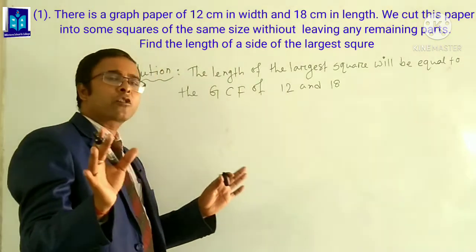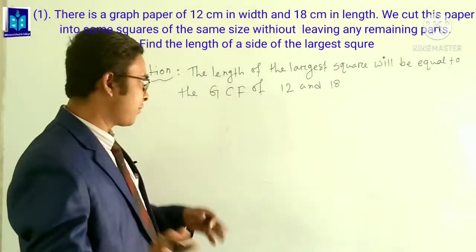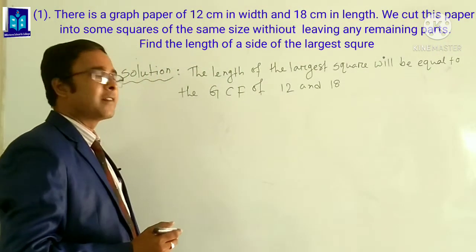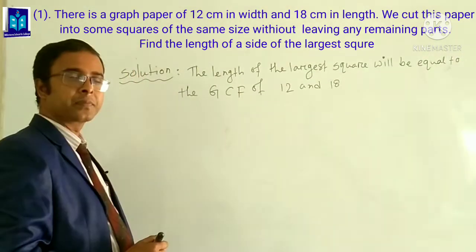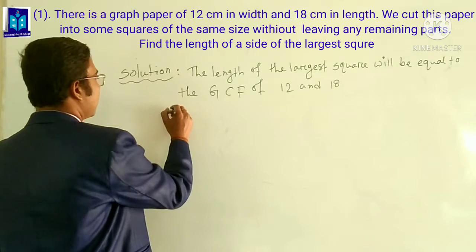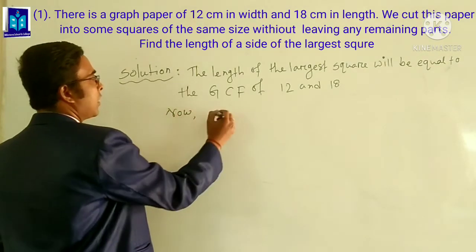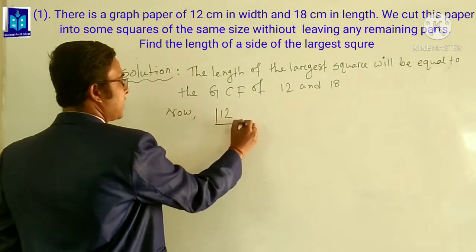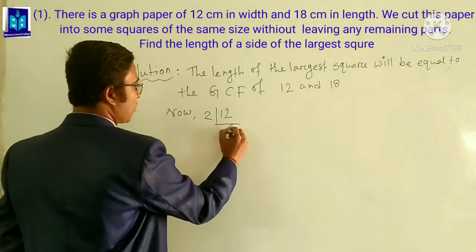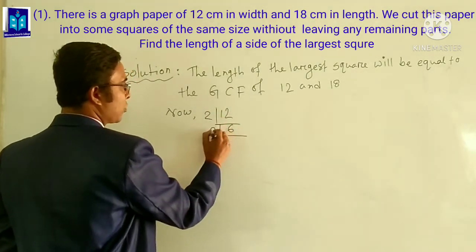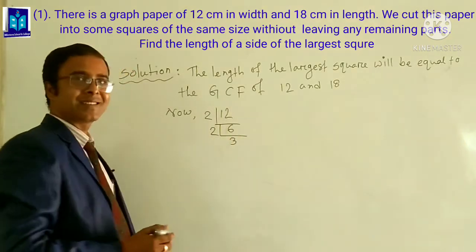Already you know how to find the GCF. Again, please follow the board properly. I think if you follow the board properly, then you can understand properly. Now 12. You see, this 12 is divisible by 2. That means 2 sixes are 12. Again, it will go by 2. 2 threes are 6.